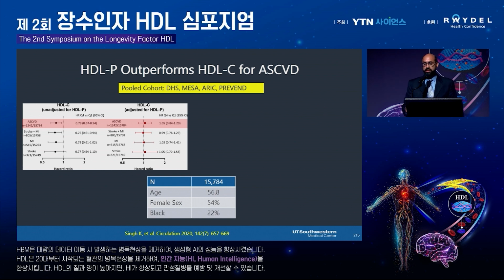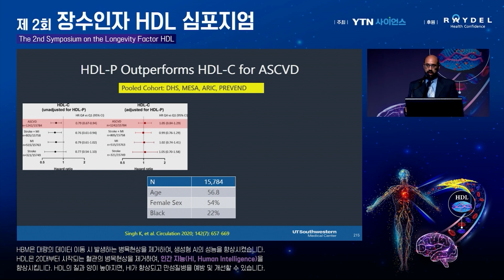So we undertook a study in 4 different population-based studies, 3 in the United States, the Dallas Heart Study, or DHS, MESA and ARIC, and then a European cohort study called PREVEND. And in summary, this constituted over 15,000 research participants. Median age was about 56, about half were women, and about 22% were African American. Those were from the United States cohorts.